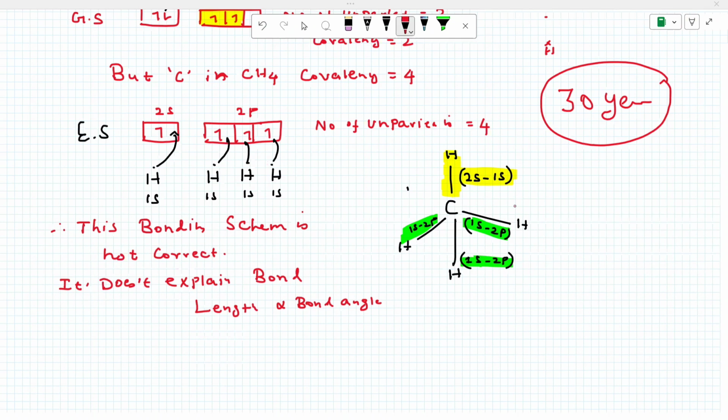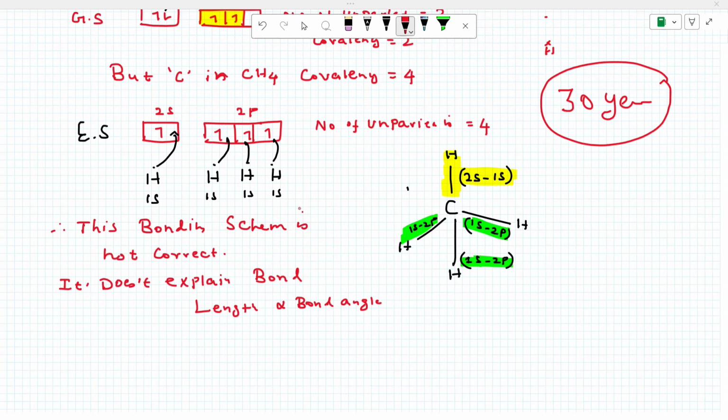Now understand what is the hybridization concept? Why do we need it? This bonding scheme does not explain the CH4 molecule, ஏன் எல்லா பாண்டுமே சேமா இருக்கணும். இந்த பாண்டிங் ஸ்கீம் does not explain the bond length and bond angle of CH4.